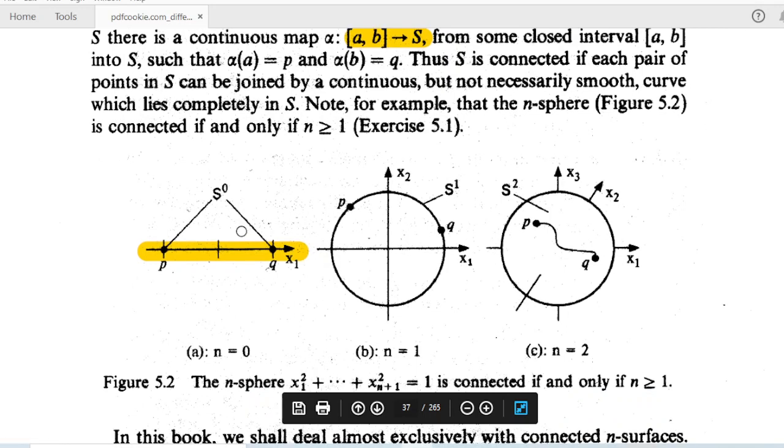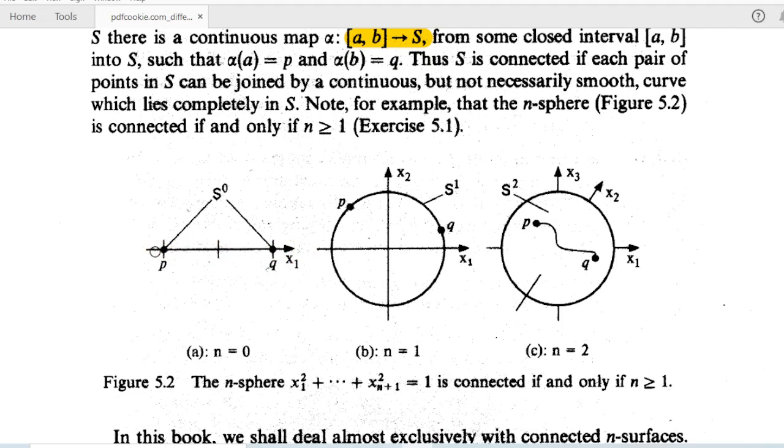First we have points P and Q. So this will not be a connected set. If they are only points, it is not a connected set, because we cannot connect these two points by any curve. So it is not a connected set.